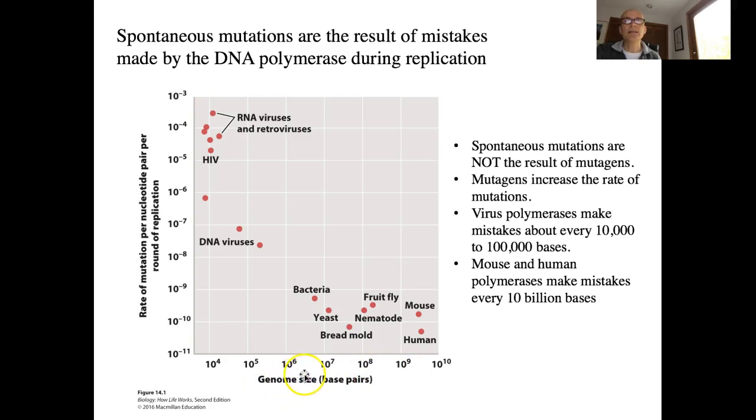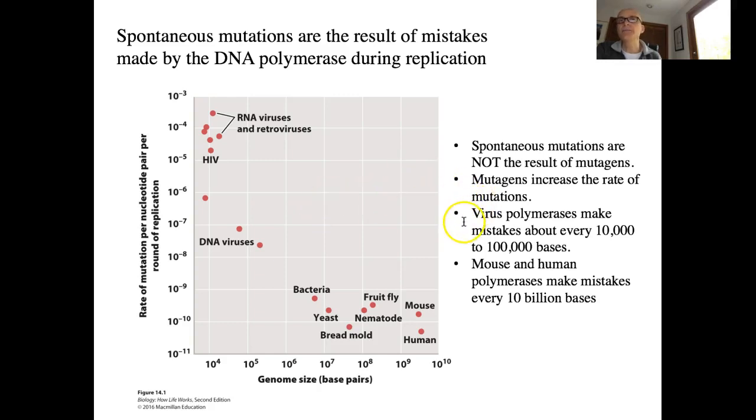And so it appears that the larger the genome size, the lower the mutation rate per nucleotide. And so what I say here on the side is that spontaneous mutations are not the result of mutagens. I say that mutagens increase the rate of mutations.